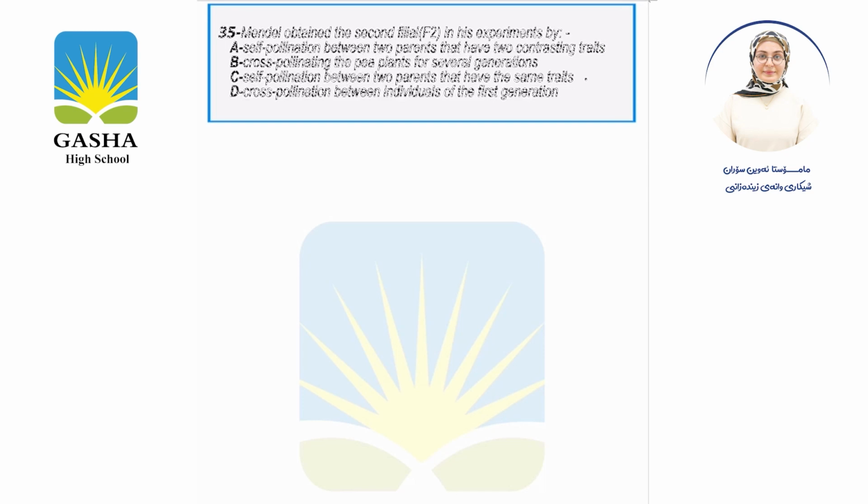It was not cross-pollination. C, self-pollination between two parents that have the same trait. Yes, this one is true. D, cross-pollination between individuals of the first generation. No, it's false because it's not cross-pollination. So the most true answer for question 35 actually is C.